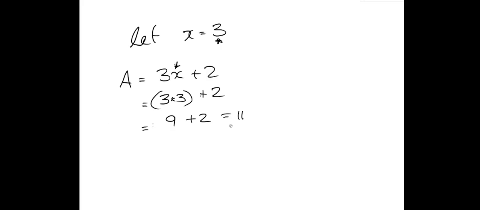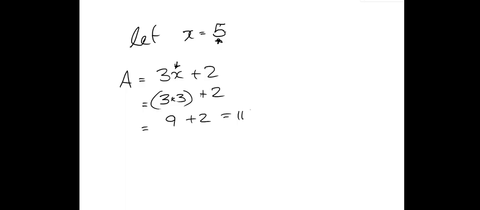Let's say though that at another time we say that x is now equal to, let's just say 5. Let's say x is equal to 5 now. Has anything changed?